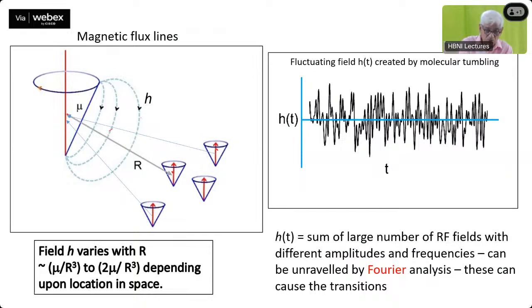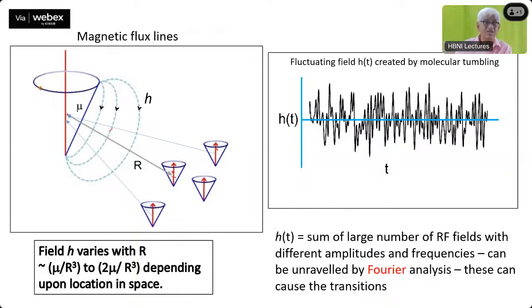And since these are all rotating, these are fluctuating inside the solution, and they are also diffusing, the distance between the two also keeps changing. The flux that is produced will also depend upon the distance. The field that is produced by one magnetic moment at another magnetic moment is dependent on the distance between these two. This is by the dipolar coupling. And the dipolar coupling is inversely proportional to the third power of the distance.